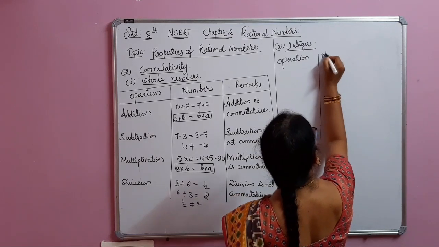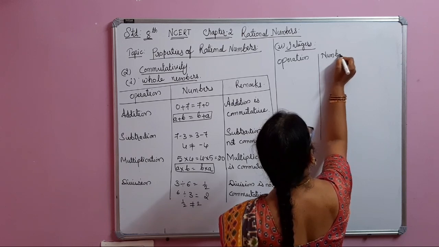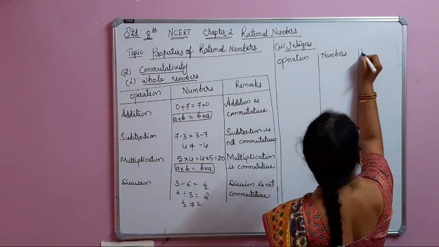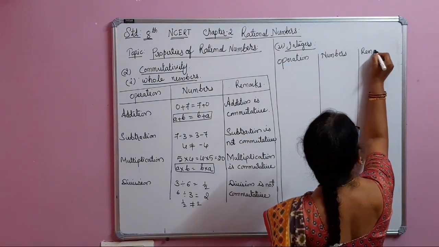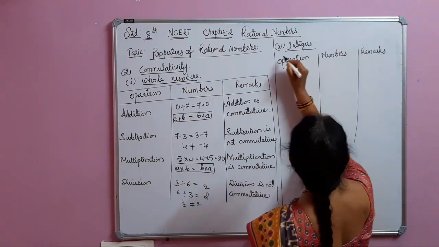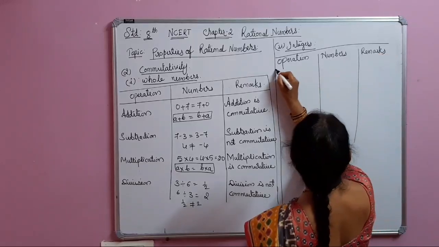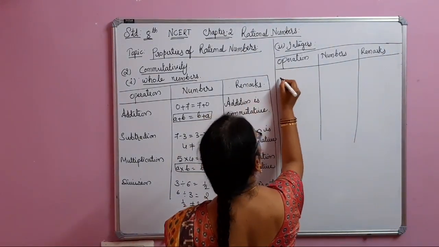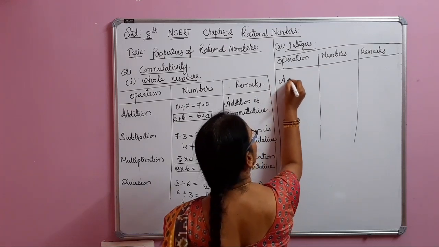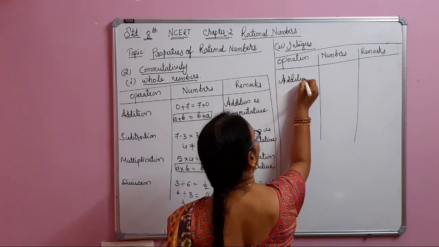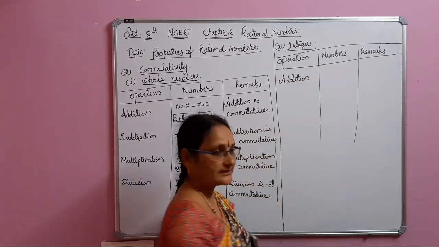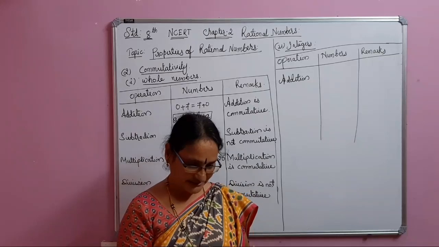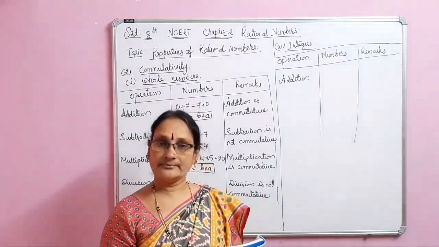Operation, numbers and remarks. See, what is the first operation? That is addition. See here, integers means they may be plus or minus.